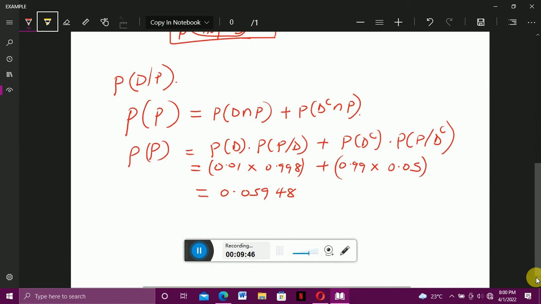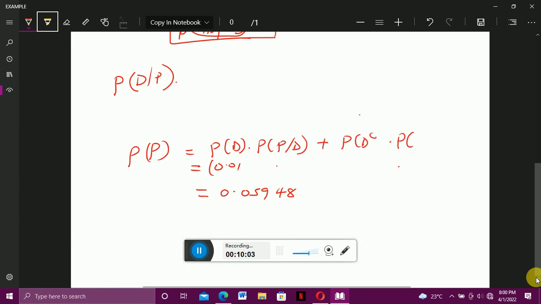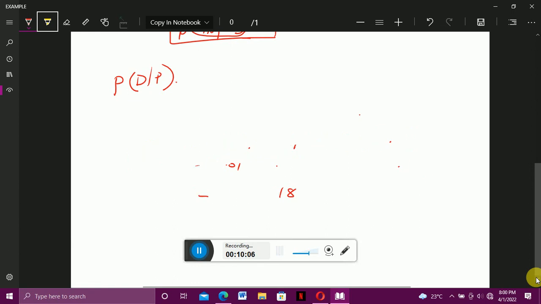So we already know that the probability of getting a positive result is 0.05948. Now we are looking for the probability of having the disease given the result is positive. This is equal to the probability of having the disease and being positive over the probability of a positive result.